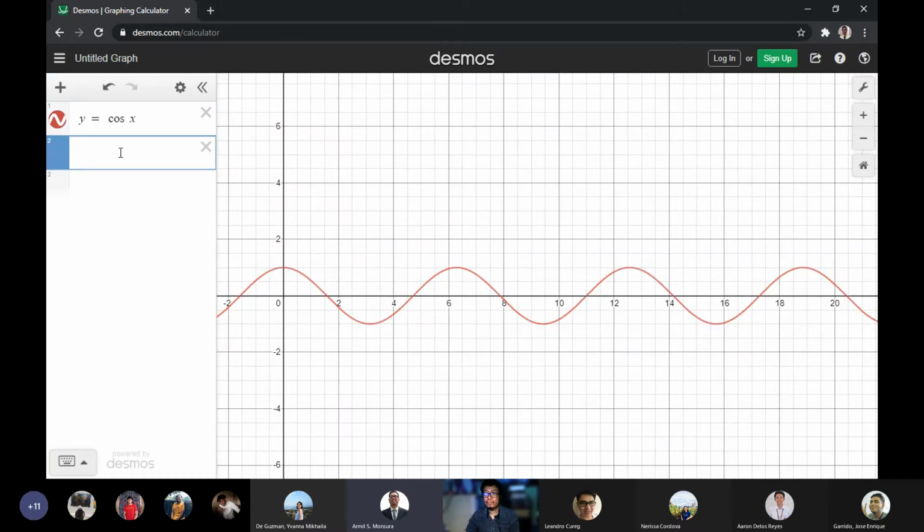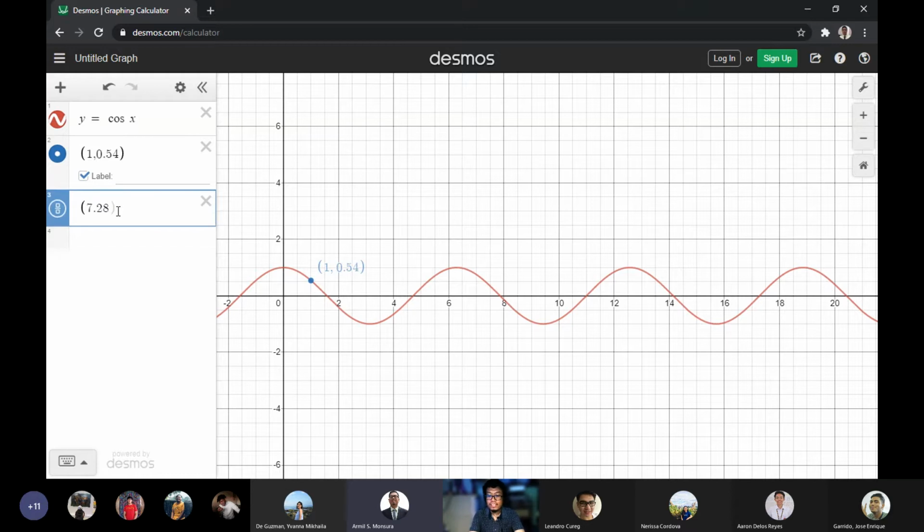Okay, so markahan natin yung points na yan: 1 at saka 0.54, tapos 7.28 at 0.54. So, approximately, pareho sila ng value.